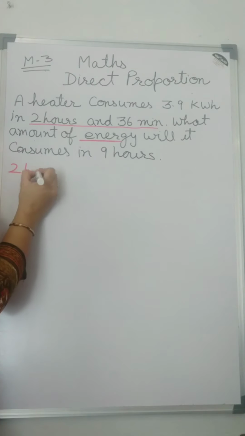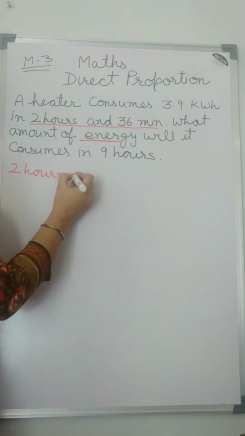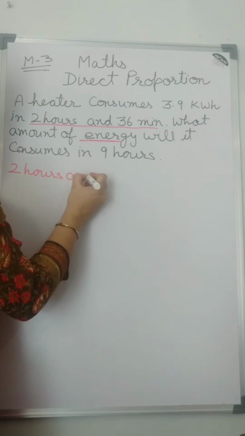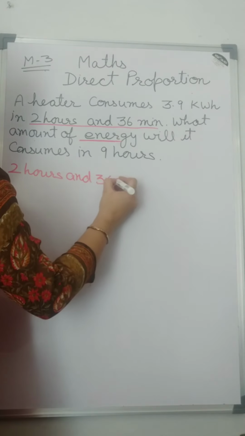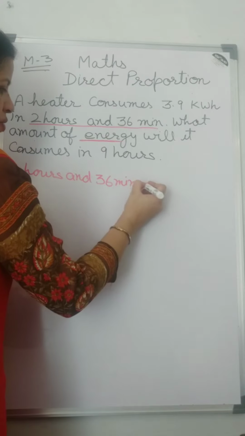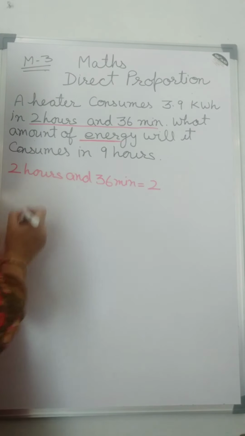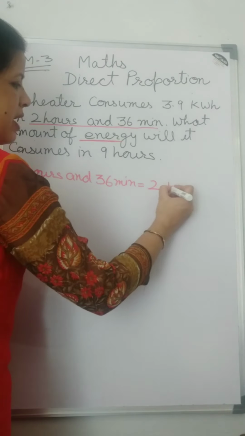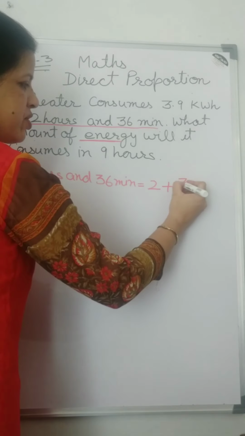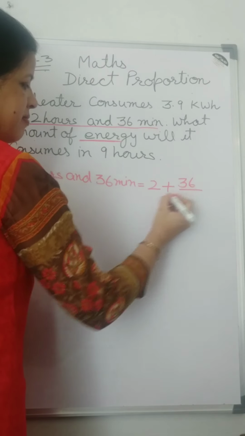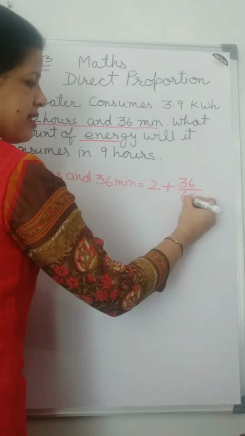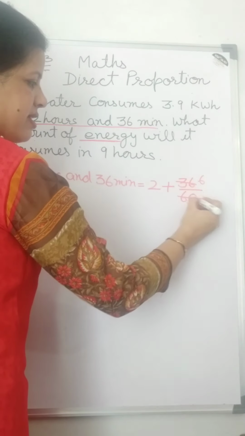So 2 hours and 36 minutes is equal to 2 plus 36 minutes. It is already in hour for the 2, so we write down 2 plus 36. We convert 36 minutes into an hour, so we divide it by 60. 6 6s are 36, 6 10s are 60.